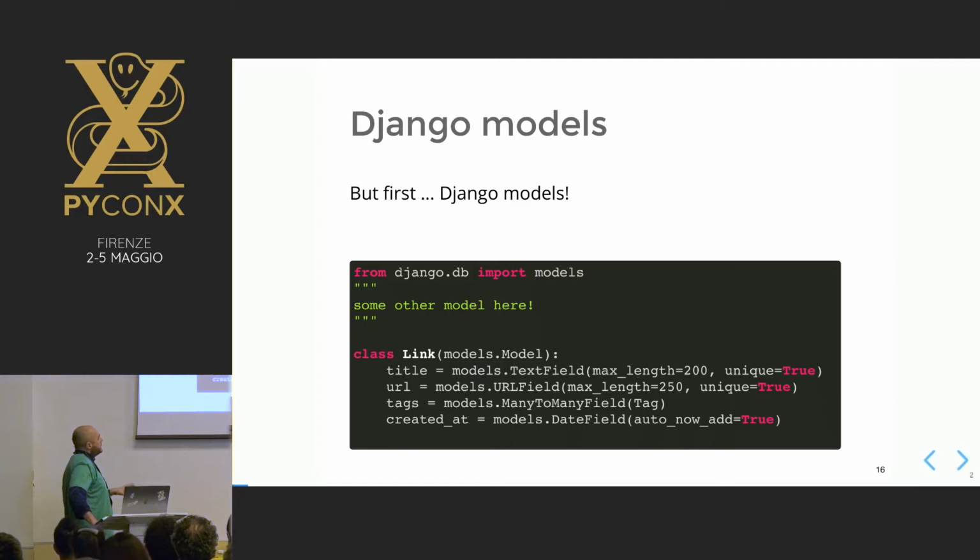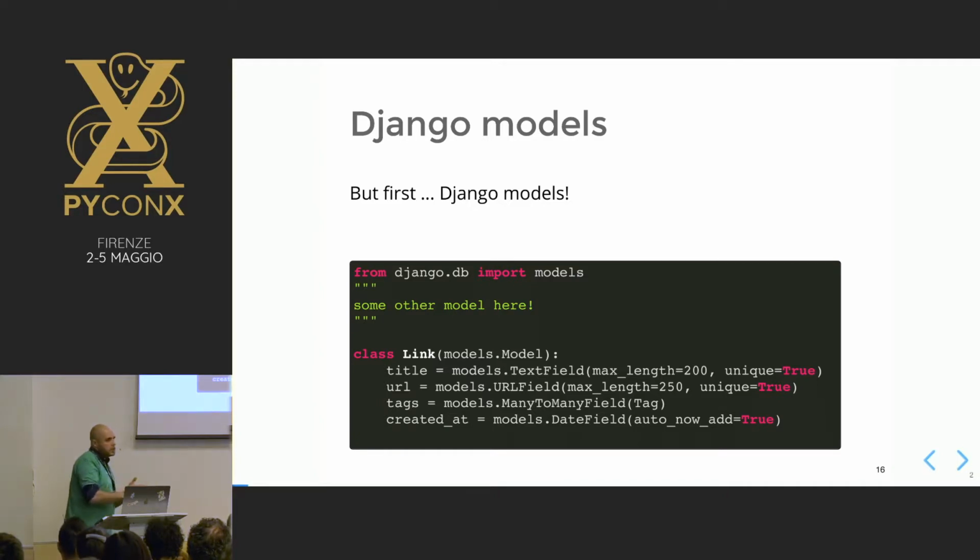For getting started, you need a model. This is a quite simple model. We have a bunch of fields, and the tags field is a many-to-many relationship with another model that I didn't include there because there was no space.